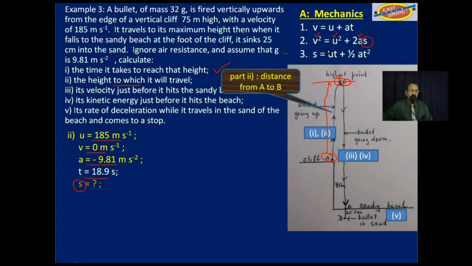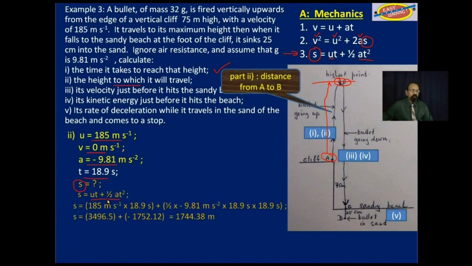Let's look at formula 3. S is already the subject of the formula. Do we know U and T? Yes. Do we know A and T? Yes. So we will use formula 3. S is equal to UT plus half AT squared. We substitute the numbers we are given, and we get 1744.38 meters.